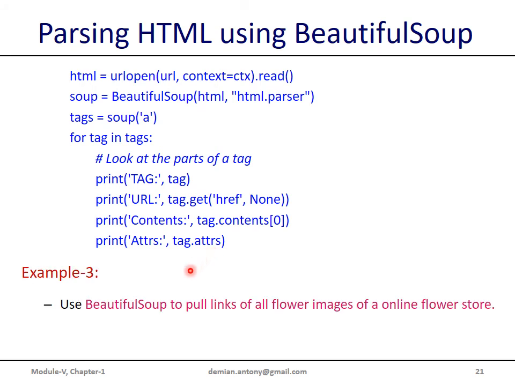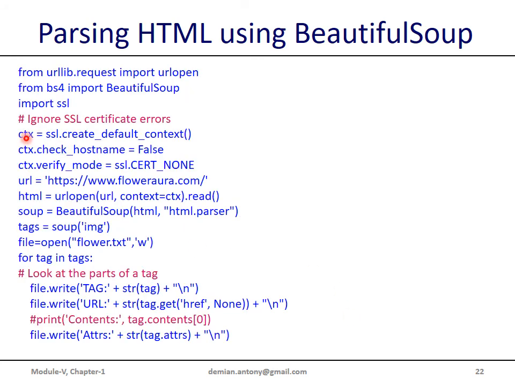Let us take up the third example to pull the links of all flower images from an online flower store. As I said, here we have to concentrate on the img tag of HTML, and then we extract the value of the source attribute. So this is a program. This is already explained to you.